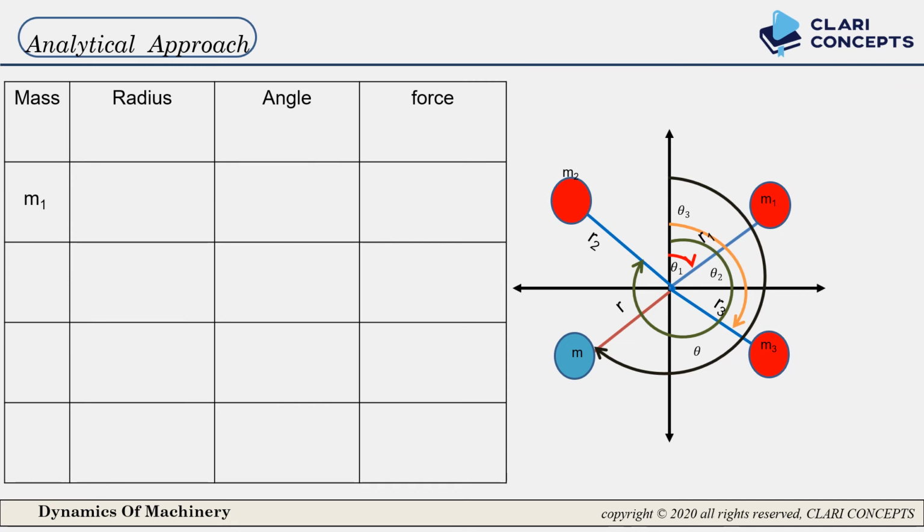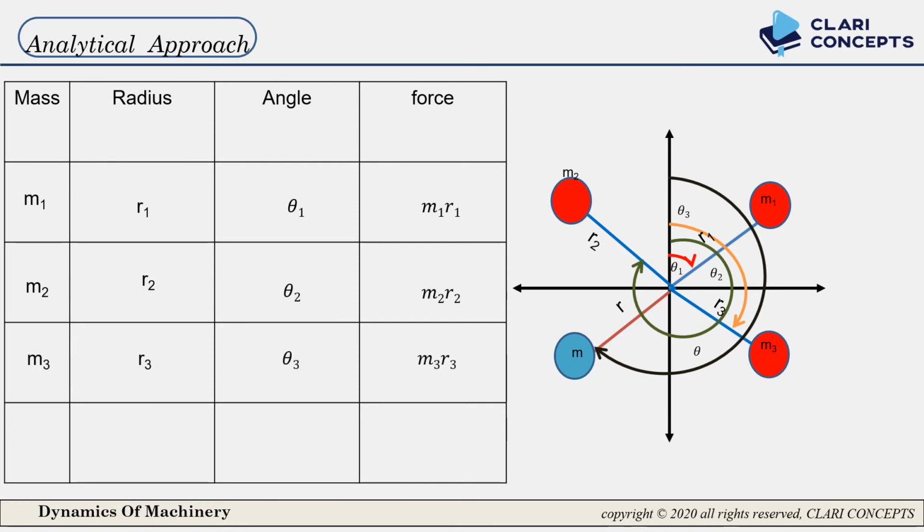To solve by the analytical method, first make a table in which mass, radius, angle and force are covered. Here first take mass m1, which is placed at radius r1 and angle theta 1. So the force produced will be m1 r1. Here omega square is removed from all the terms. The same concept is used for all other masses of the system and for the extra mass.